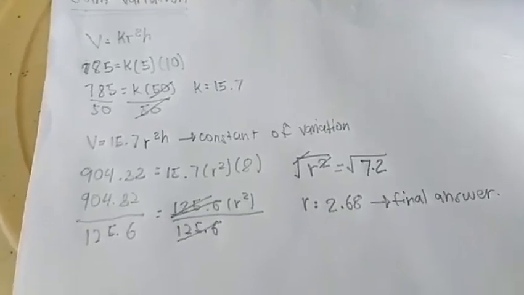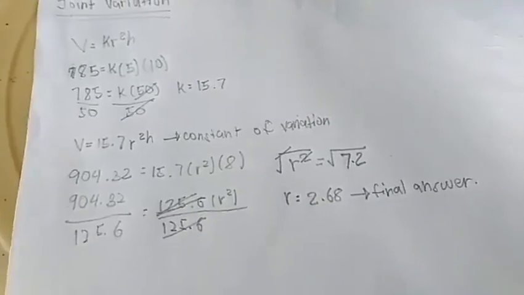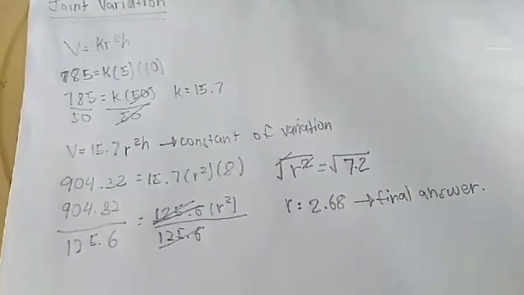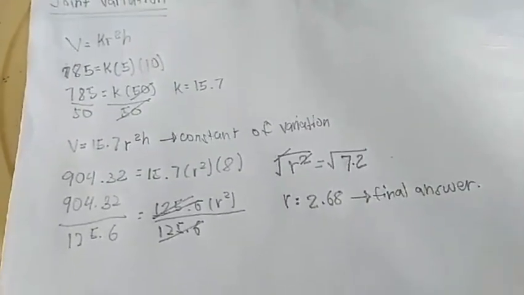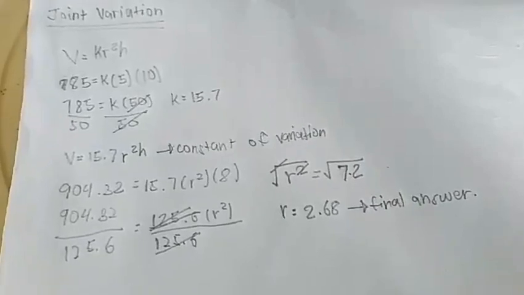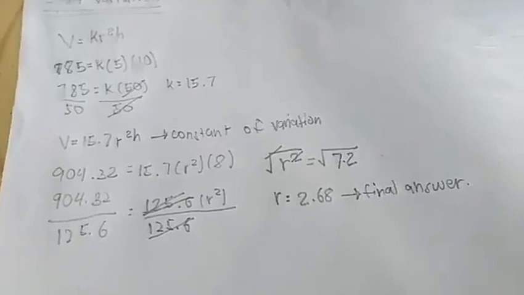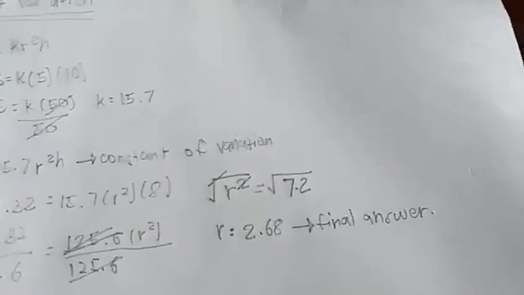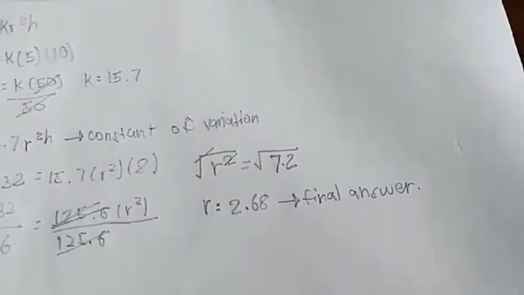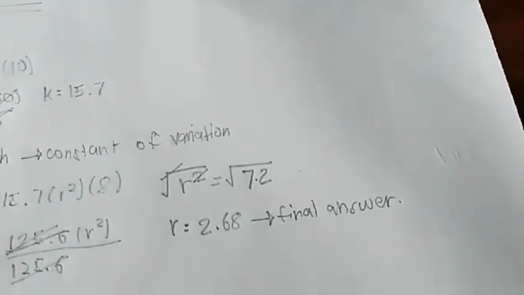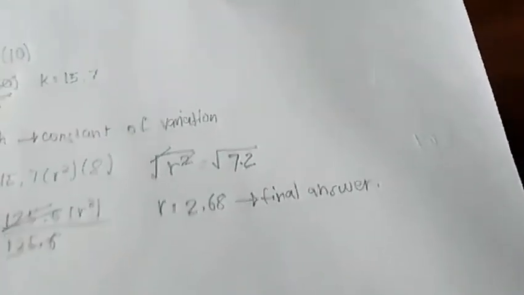To leave the r squared alone, we'll divide both sides by 125.6, so 904.32 divided by 125.6. After that, to get the final answer, we take the square root.